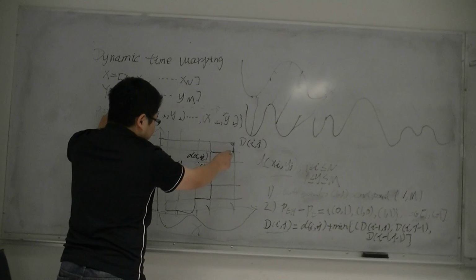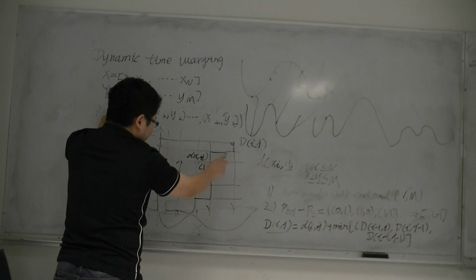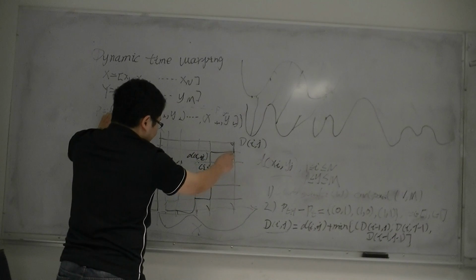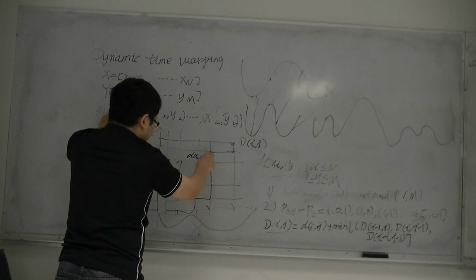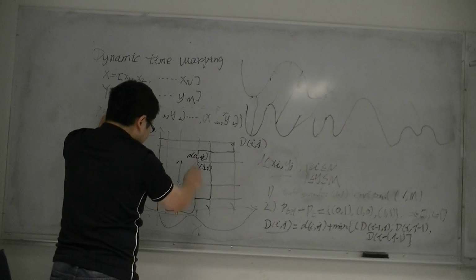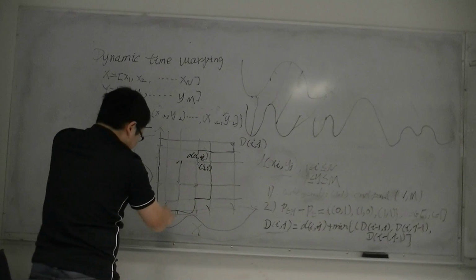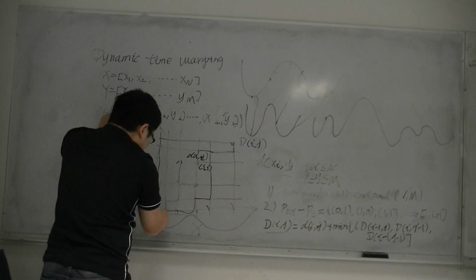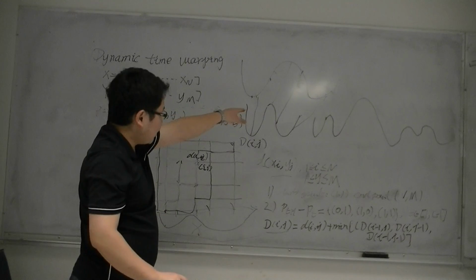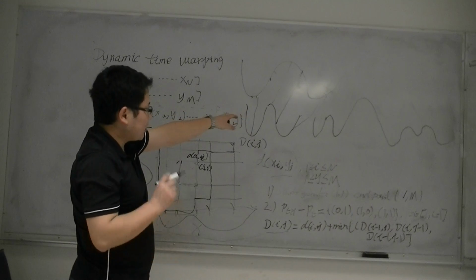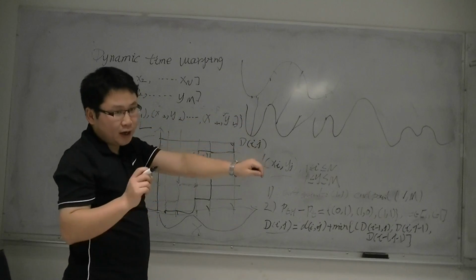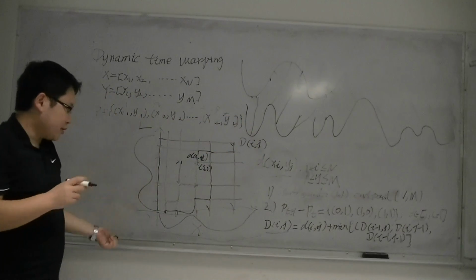For example, this is the minimum, so I put it here, and from this point I will choose which is the minimum. If this, I will come here plus the external, and get the match. So for every point, I will select the ones used as the signals' matching points.